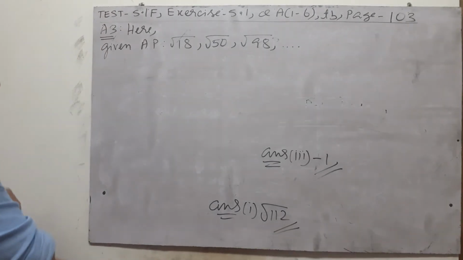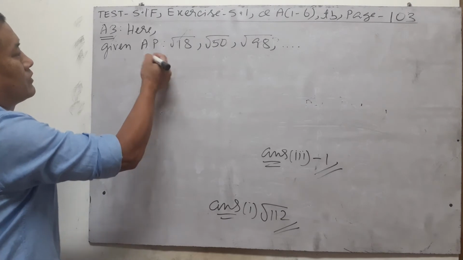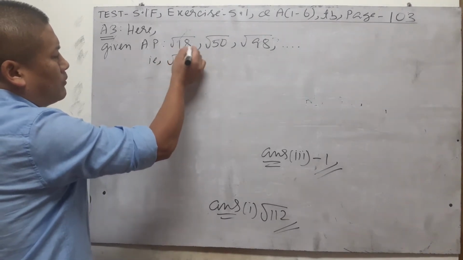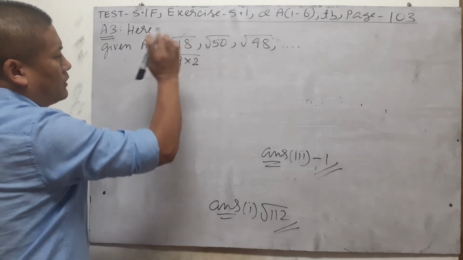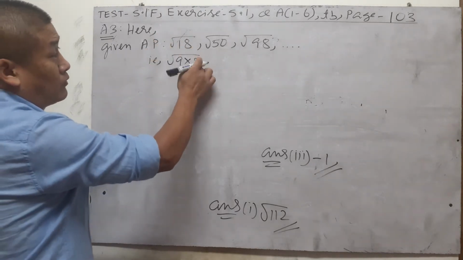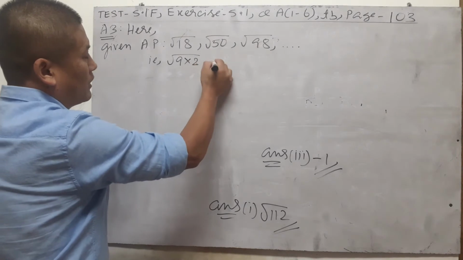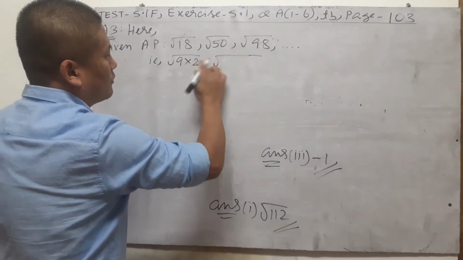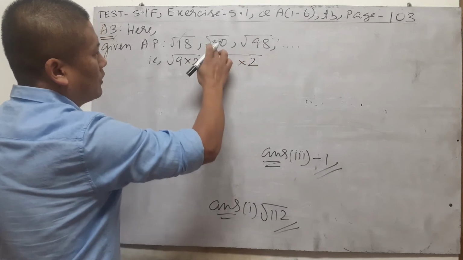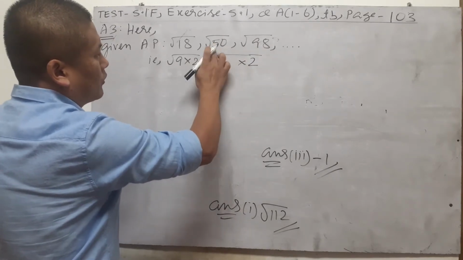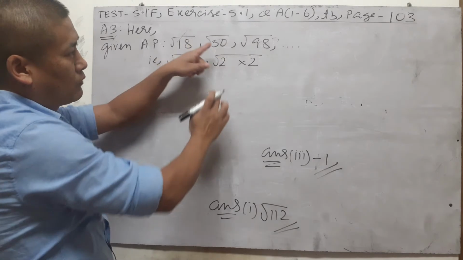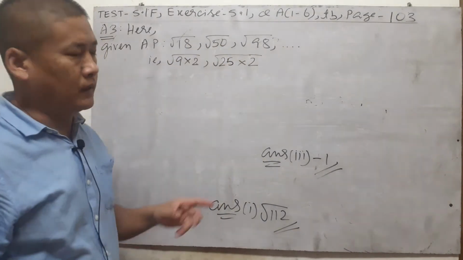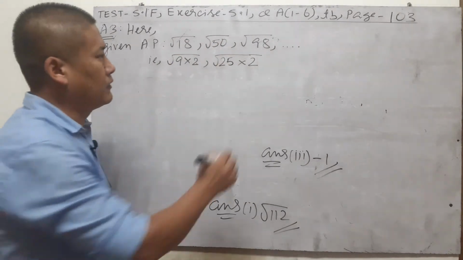To find the next term, before that you can rearrange this into root over 9 into how much? 9 twos are 18. So we are going to take 2 as common in all. Then root over 2 into how much? 2 into 25 is definitely 50.